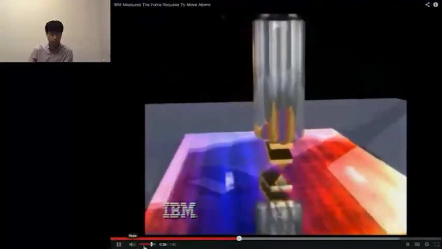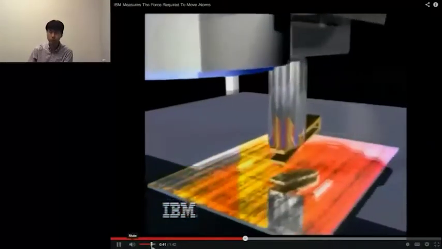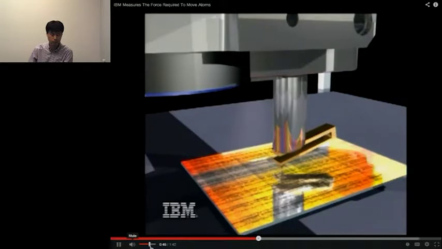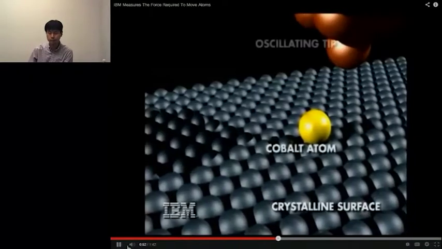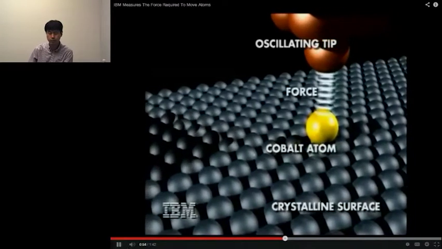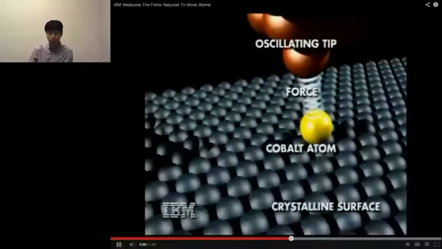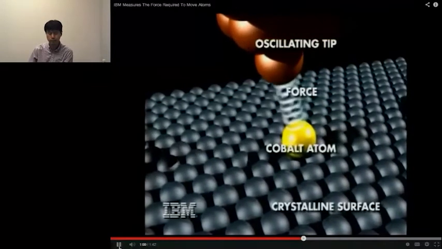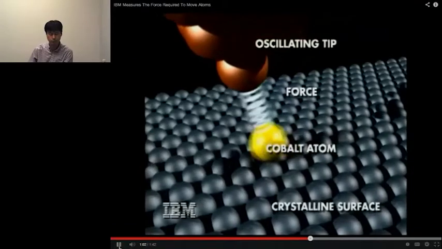Knowing the different forces required to move different atoms will allow IBM's nano-constructionists to figure out which materials should be used for building devices from the atom up. For example, a so-called sticky atom would be used for something that you don't want to move, like a base that you want to keep in one place, while a so-called slippery atom would be used when you want to build something like an on-off switch that needs to move with ease.